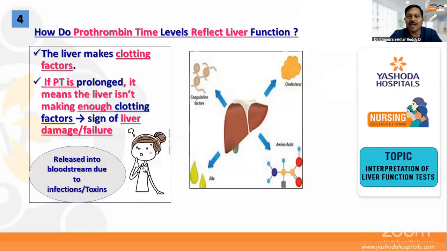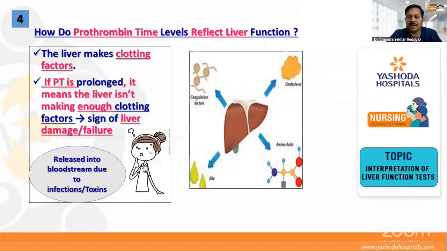And if the INR is more than 1.5, that indicates a very dangerous problem, and immediately we have to inform the doctor. Albumin is also one of the synthetic factors produced by the liver, so if the albumin is low, there is also some problem in the liver.